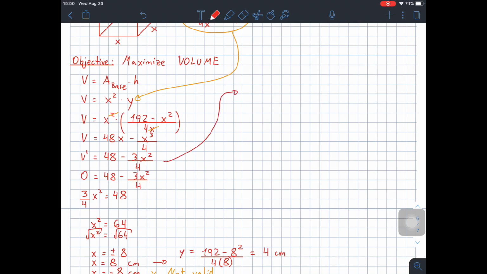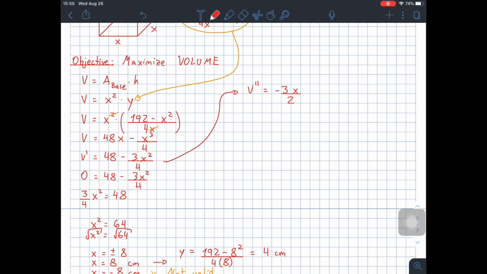So I'm going to take the first derivative here, and we're going to find the second derivative of this expression, which would be a derivative of 48, that's 0, and the derivative of this would be 3x over 2, right? Because the 2 simplifies with the 4. So, I forgot the negative sign. There. Negative 3x over 2. That's the second derivative, right?